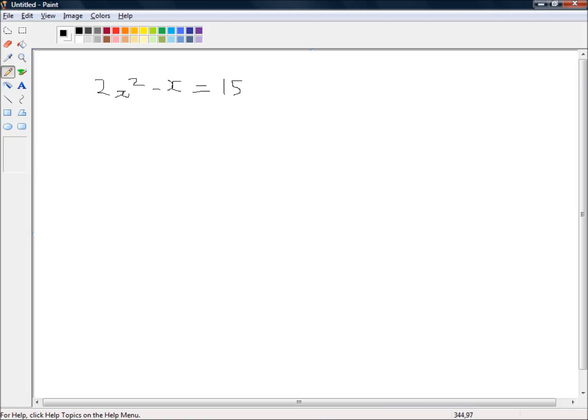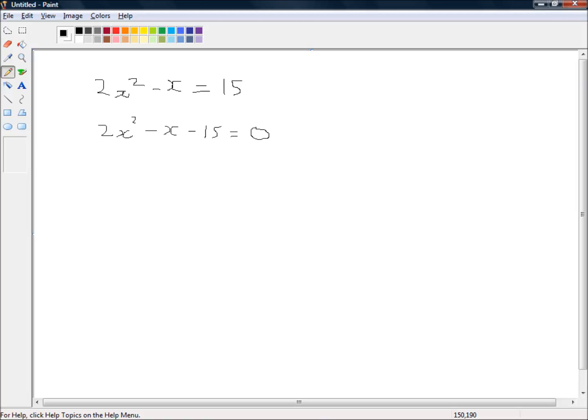Okay, so our first job is to make sure it equals 0. So we've got 2x squared minus x minus 15 is equal to 0. Now the first thing we want to do is look to see if there's any common factors that we can pull out. We've got 2, negative 1, negative 15. There's nothing we can pull out.